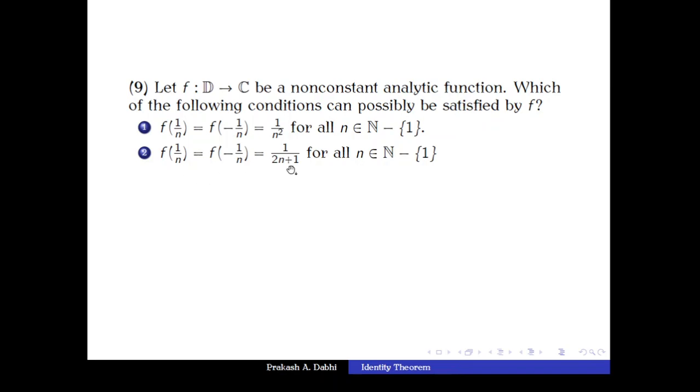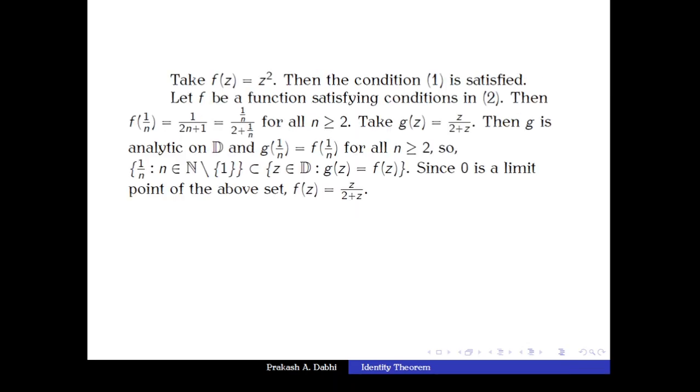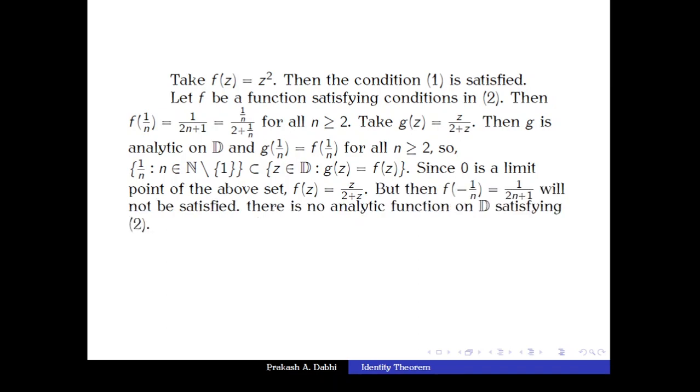Because if this condition is satisfied, then f(1/n) is the same as 1/(2n+1), but then it is going to give us f(z) = z/(2+z). But then the other condition, namely f(-1/n) = 1/(2n+1), will not be satisfied. So there is no non-constant analytic function on D which satisfies condition 2.